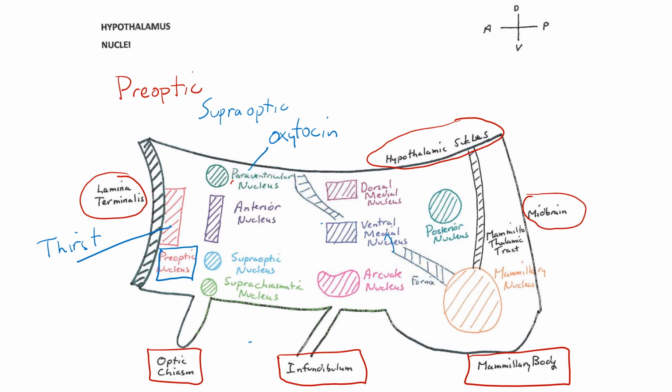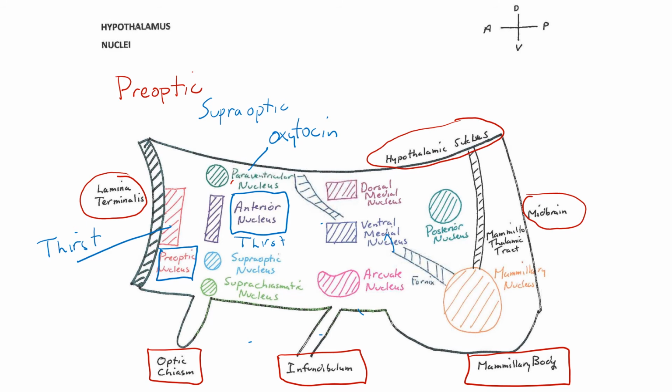Then, underneath of that, we are going to have the anterior nucleus. The anterior nucleus works with the preoptic nucleus, in that this is also a thirst center. So in the world of anatomy, these are two unique structures.